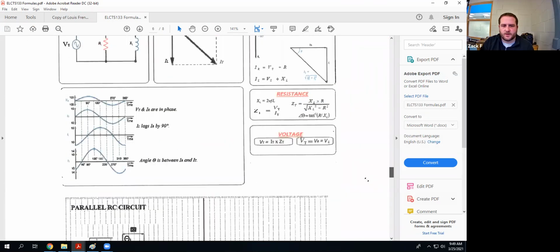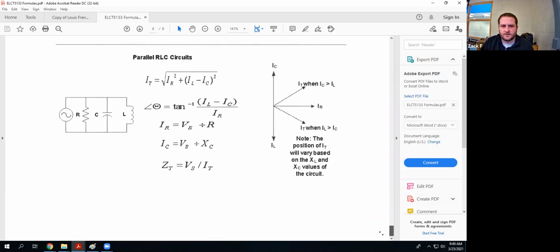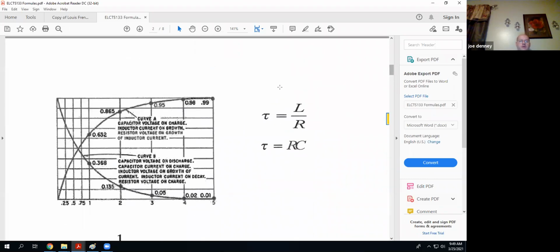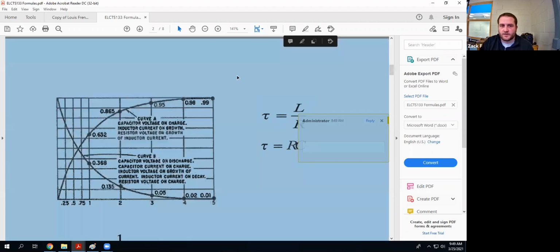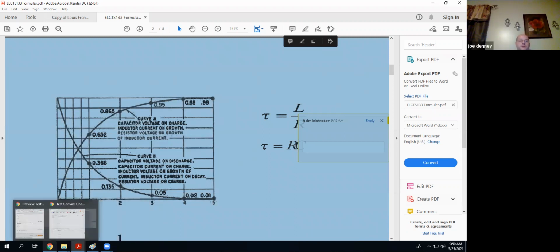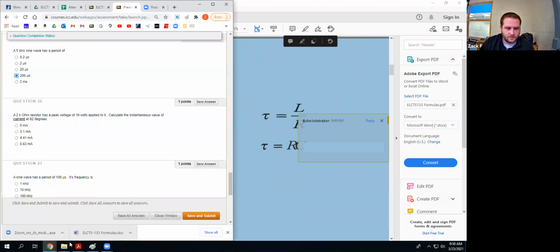Where's the period? Not on there? Good grief. These are two period formulas, but they're not the formulas we need. So what is the formula? Period equals 1 divided by the frequency, which is 5,000.